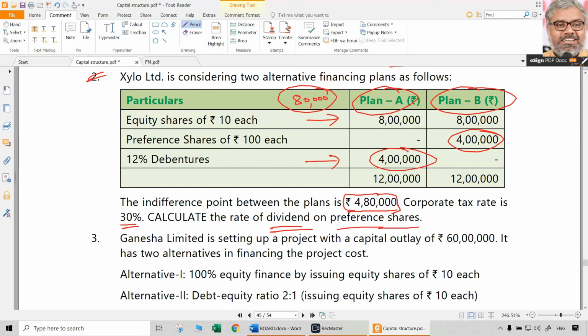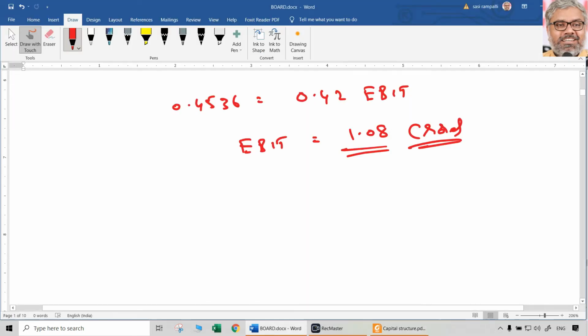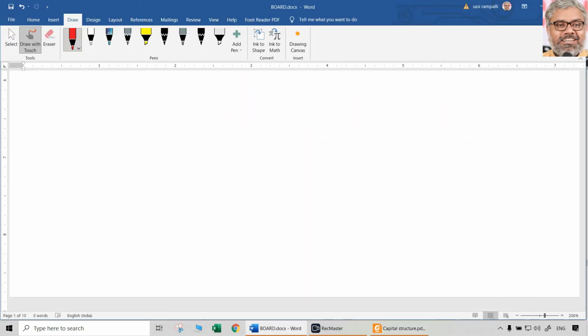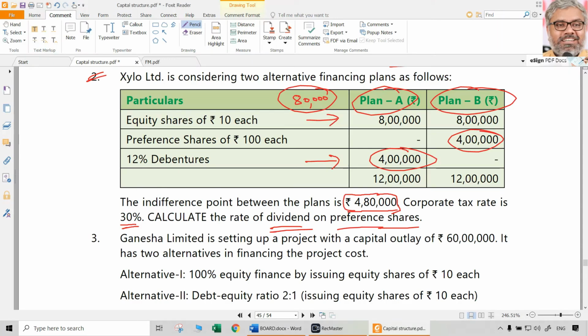So all that we need to know is what will be the preference dividend. Naturally only in Plan B that will be there. We can use the formula also, or we can just calculate what will be the earnings available to equity shareholders according to the indifference point.